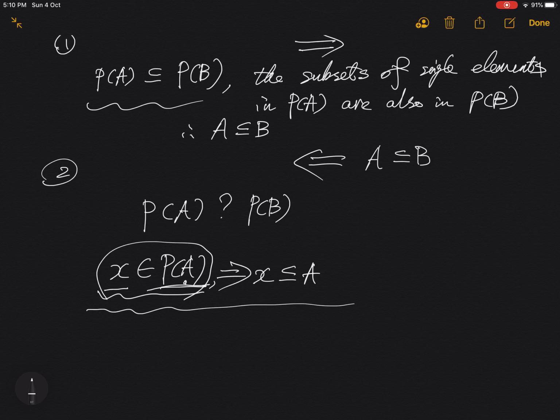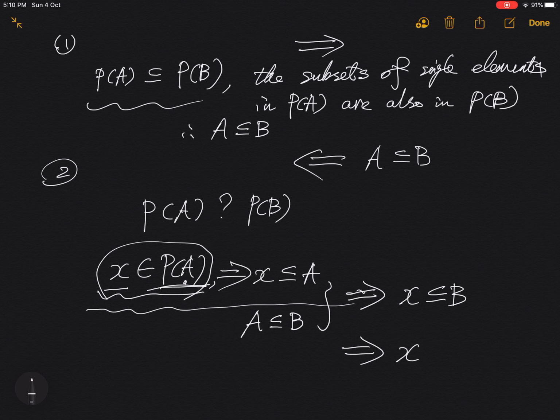And then we have A is a subset of B. So we will have X is also a subset of B. So X is in the power set of B. Okay.